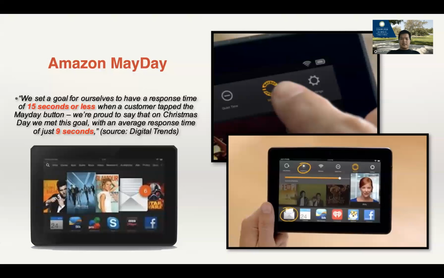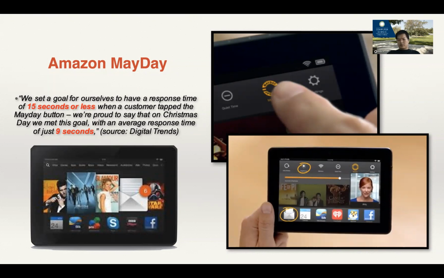Their goal is to respond within 15 seconds or less when someone requests help, and during the peak season, the response time is only 9 seconds. So you can think about how many people they would have to pay to support this kind of feature.